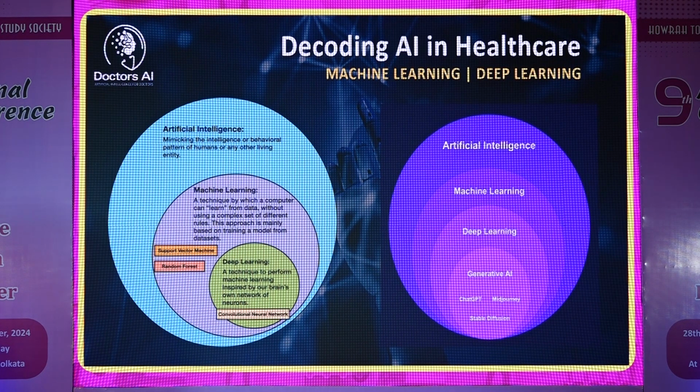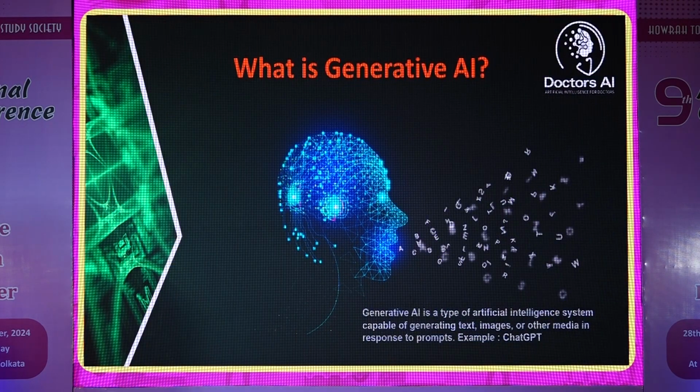And a part of deep learning is generative AI, and this is where your ChatGPT fits in, which we are often using, and I'll give you an example of how it can be used to improve patient care in diabetes management. What do we mean exactly by generative AI? Generative AI means artificial intelligence which is capable of generating text, an image, or any other media in response to an instruction which I'm giving, and that instruction is called prompting. And this is very, very important because it's a whole science.